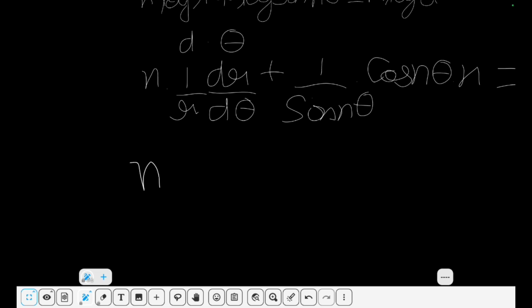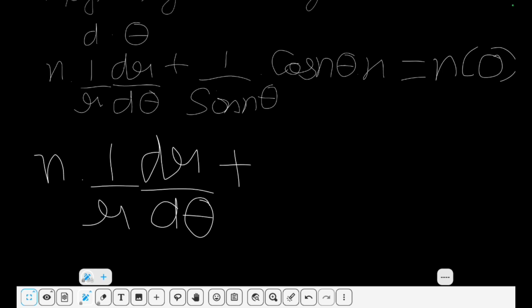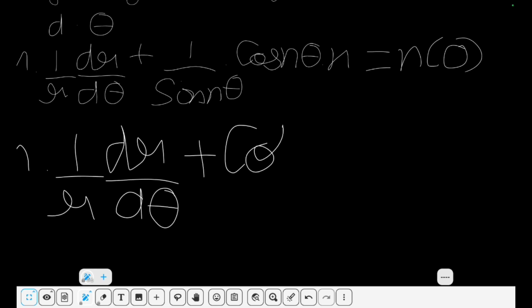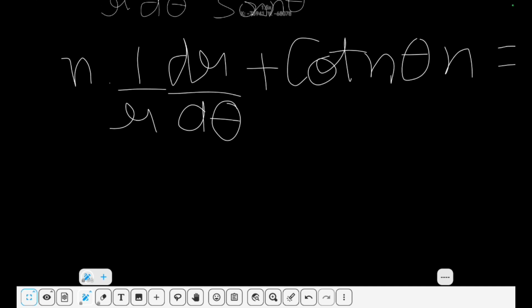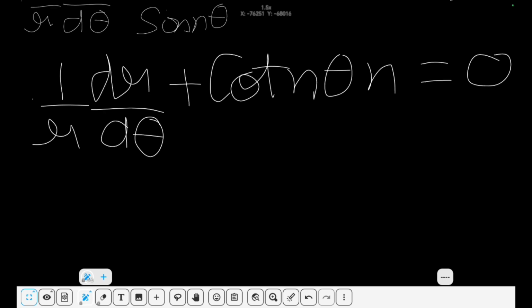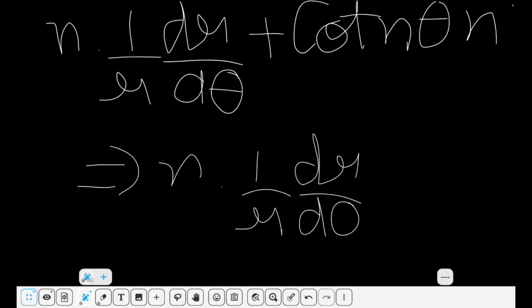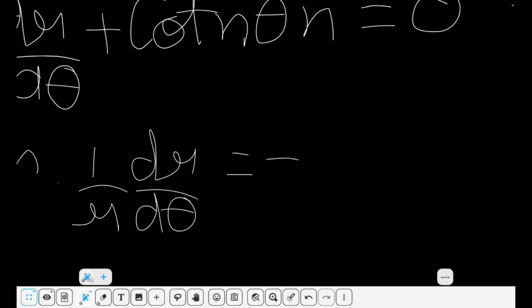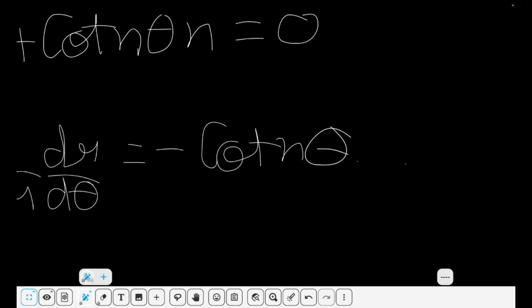Now n into 1 by r into dr by d theta plus cos by sin is cot n theta into n, that equals 0. I shift cot n theta into n into right hand side, that gives us n into 1 by r into dr by d theta, that equals minus cot n theta into n.